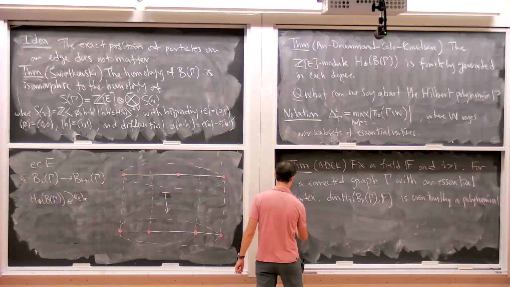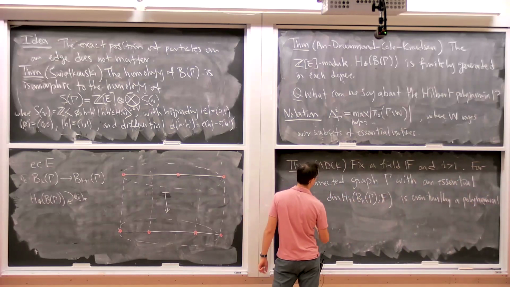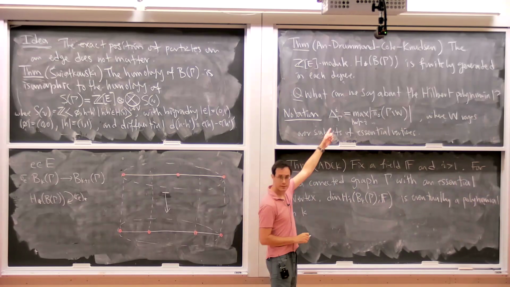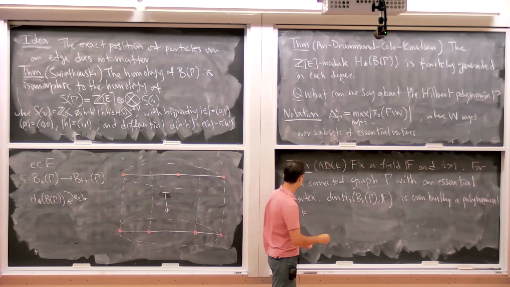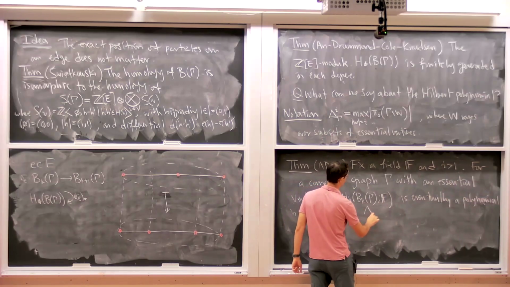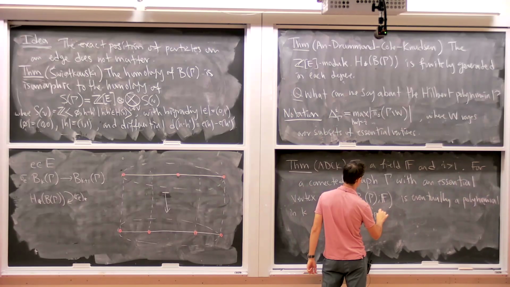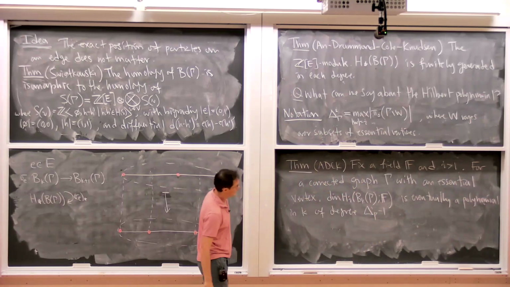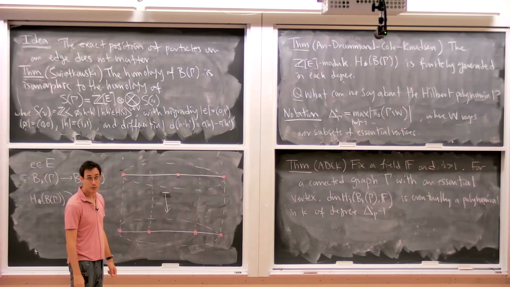Polynomial in K. And the degree of that polynomial is exactly this number delta, -1. So that's the degree of the Hilbert polynomial.